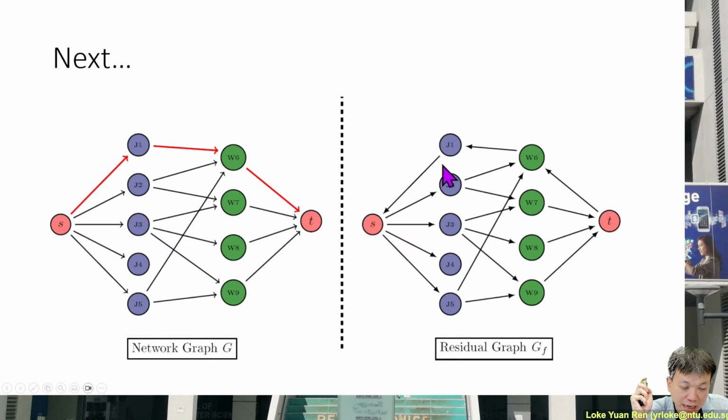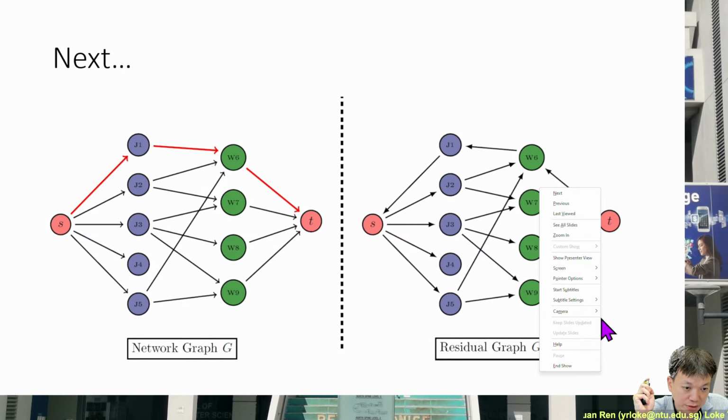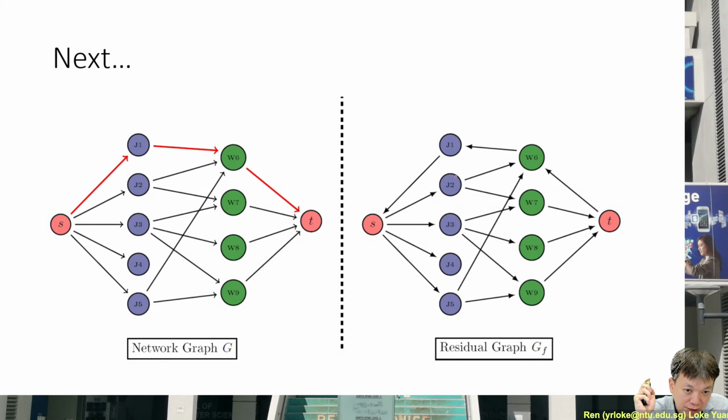Then after the update, you should get this. Take note, I don't know whether you can see the direction change. Now it's pointing in this direction. Originally the residue graph went from S to J1, and now J1 points to S. This is important. Why? Because after you do this, in the next iteration I start searching for another new path.